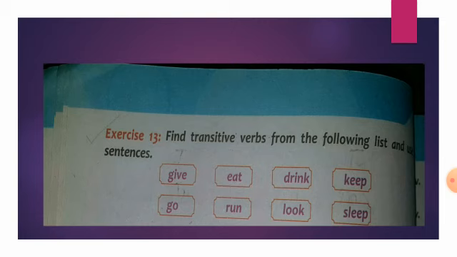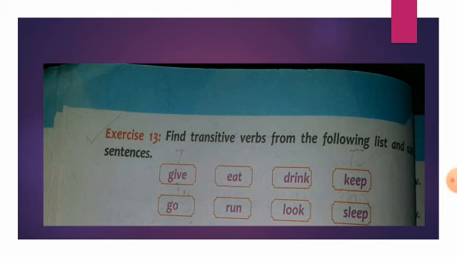Now you know very well that transitive verbs are those verbs which have an object, and intransitive verbs are those which do not have any object. Okay, object. Now give. Will give be a transitive or intransitive verb? Let me make a sentence with give. I give you a book.